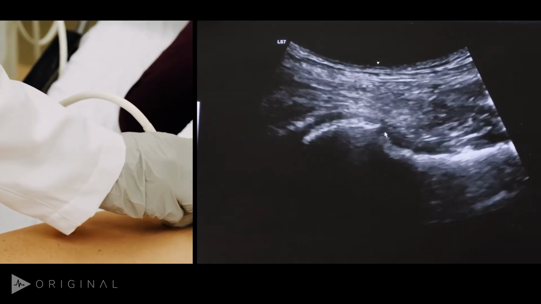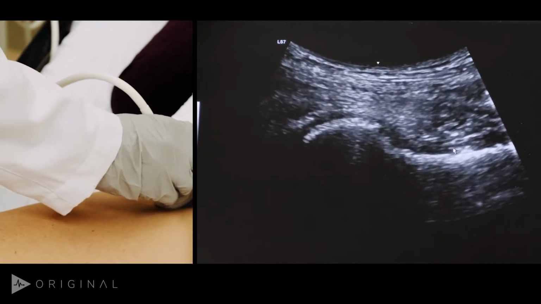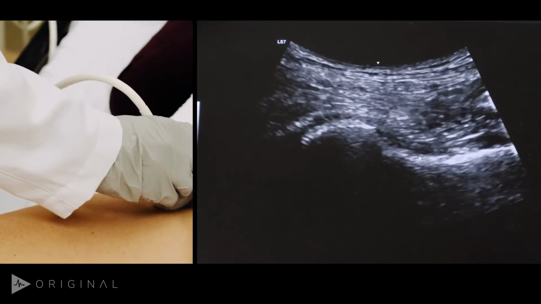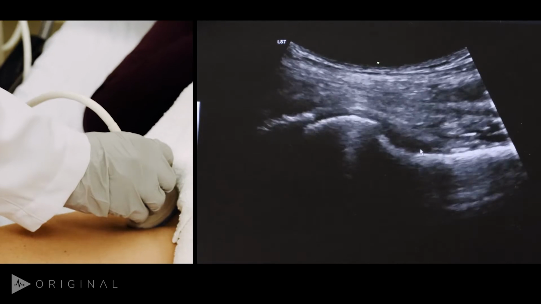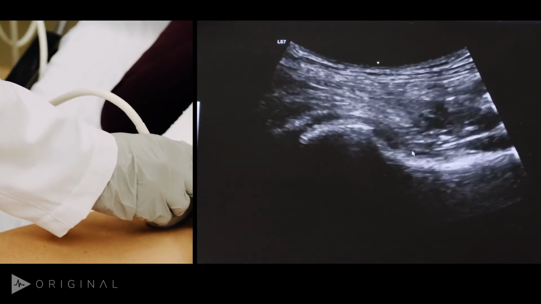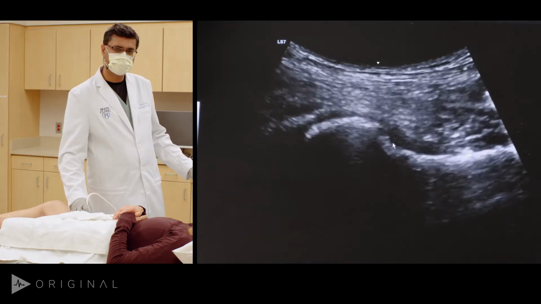Now remember, the capsule of the joint comes down into the neck of the femur shaft and then reflects back at the neck. So at this point, you have almost 2 layers of the capsule because of the reflection. However, this also makes it very easy to target for any intra-articular injections.